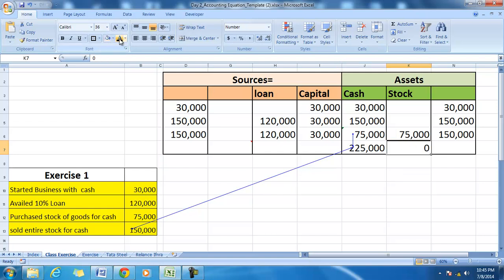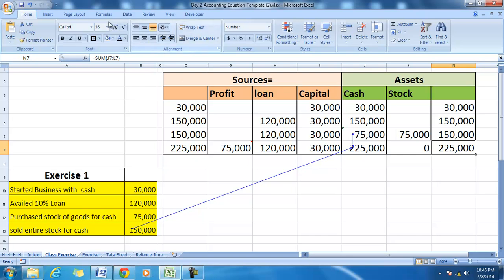Stock becomes zero, no change in capital, no change in the loan. So the balancing figure is a profit, and the profit is equal to 75,000. As a result, once again, the sources side is equal to the asset side.